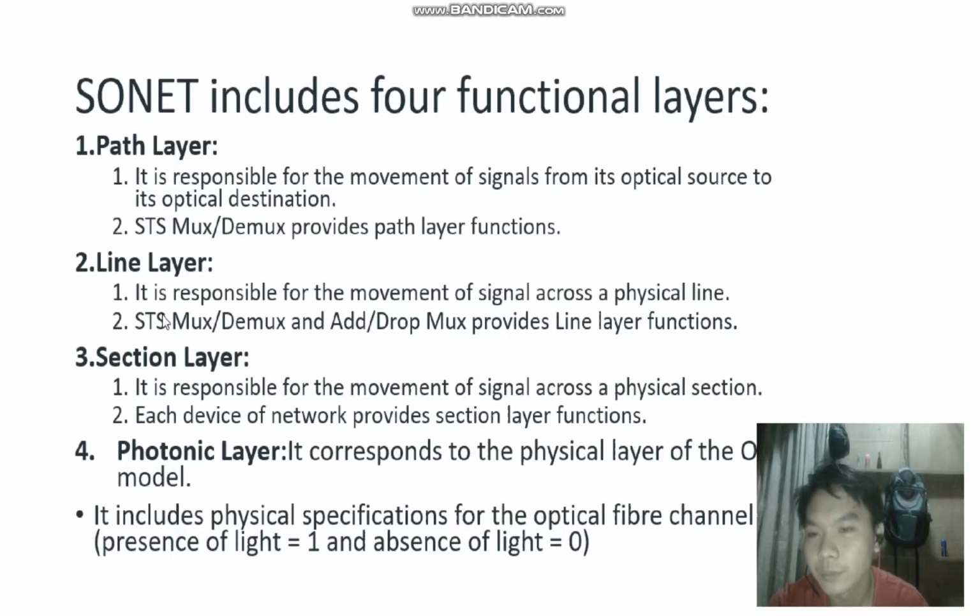The STS mux or demux and add or drop mux provide the line layer functions. Then number 3, the section layer, is responsible for the movement of signals across the physical section. Each device of the network provides the section layer functions.